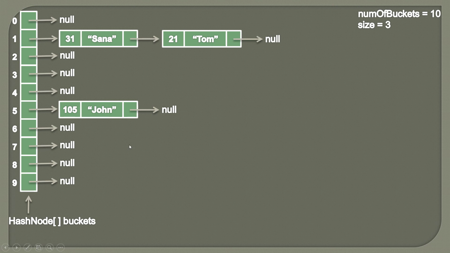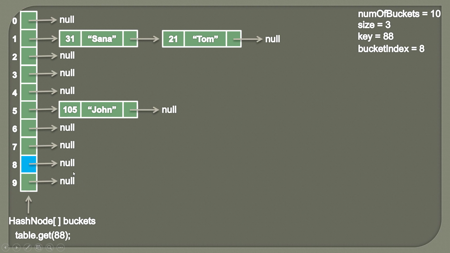Now let's suppose we want to search for a key which is not present in this hash table. For example, if we call table.get and we pass the key as 88, we see 88 is not present. So key is 88. When we divide 88 by 10, we get remainder as 8. So the bucket index becomes 8. We go to the 8th index and try to access the hash node which it refers to.